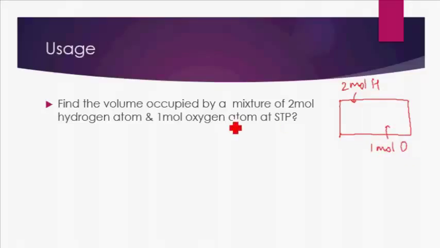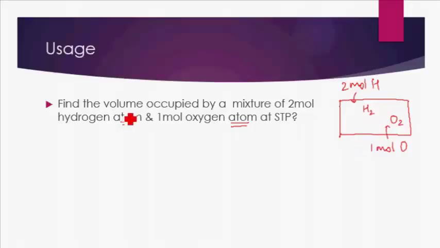Do remember that the word used here is atom and not molecule. But we know that under STP, H doesn't exist in the form of H, it actually exists in the form of H2. Similarly, O doesn't exist in the form of O, it will exist in the form of O2.